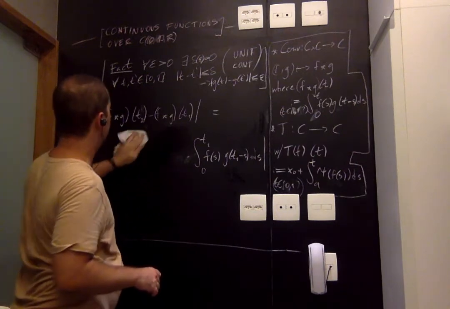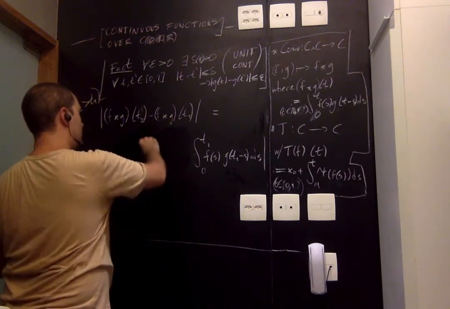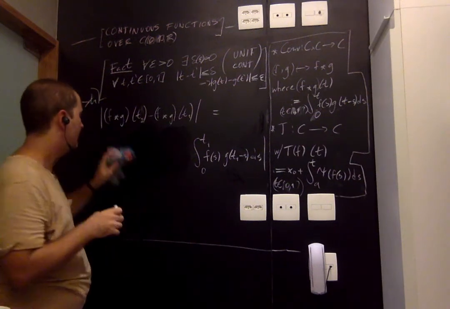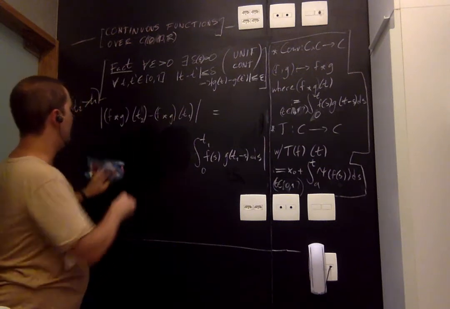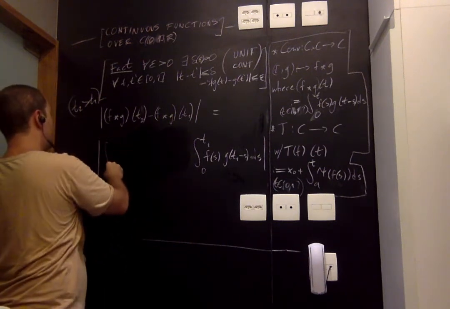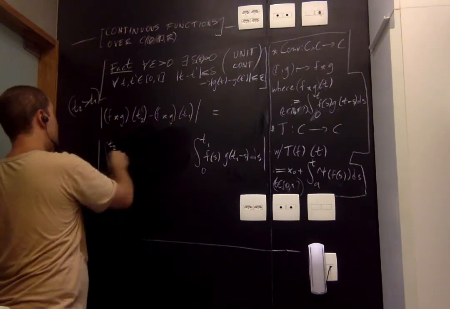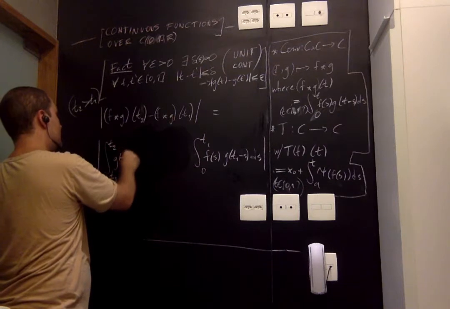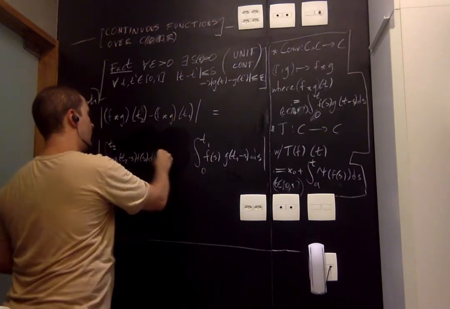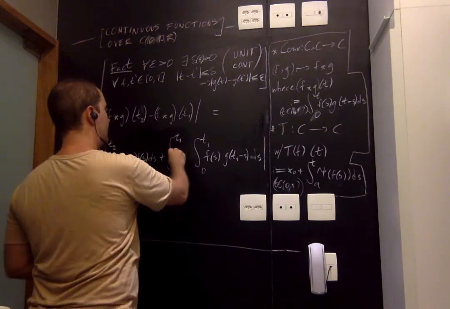I'm going to write this as a sum of two integrals, but in sort of the reverse order that I just wrote. There's an integral from t1 to t2 of g of t2 minus s, f of s ds plus an integral from 0 to t1 of f of s.